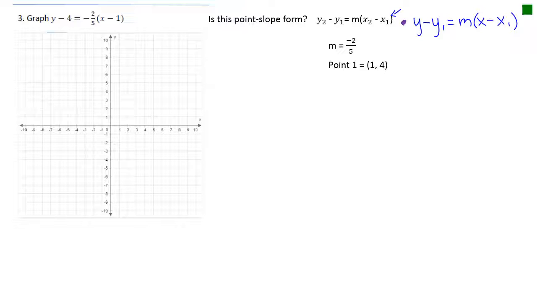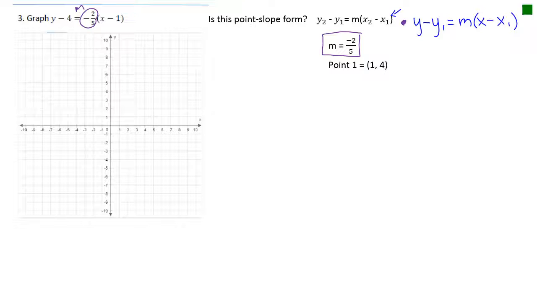So if we have something like this, we can identify our slope, which is the number in front of the x term, that negative 2/5. We can identify a point, and we can plot it that way. There's no need to change it to any other form, so we can just do it from here.